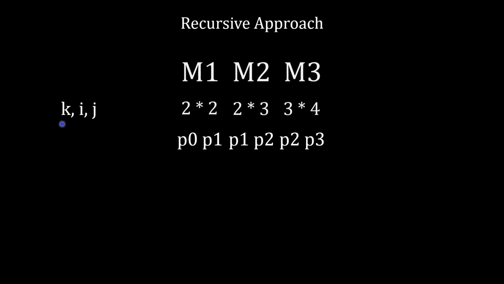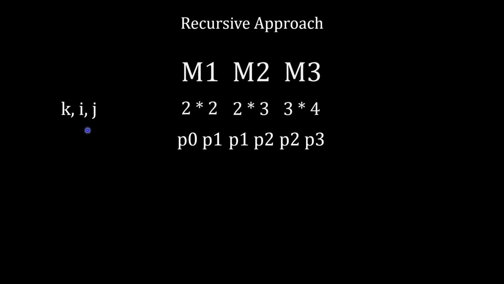So it's going to be a way that we can formalize the arrangement of how we're multiplying them. So for example, if K was 1, we can see that we're sort of multiplying M1 by M2 times M3. And if K is 2, we're sort of splitting it here, so we're multiplying M1 times M2 first, and then multiplying that result by M3.